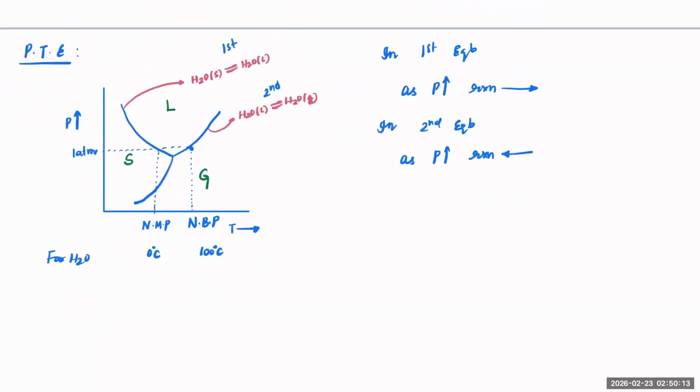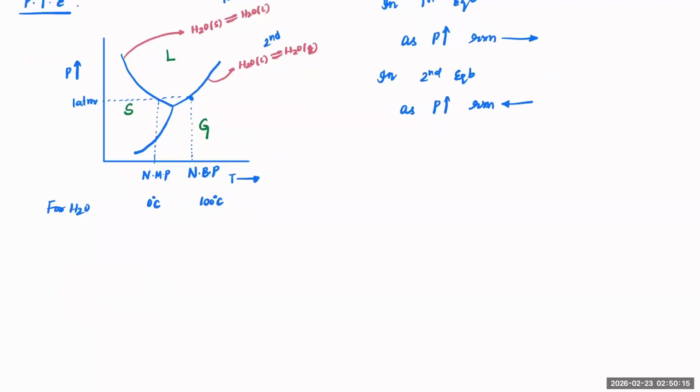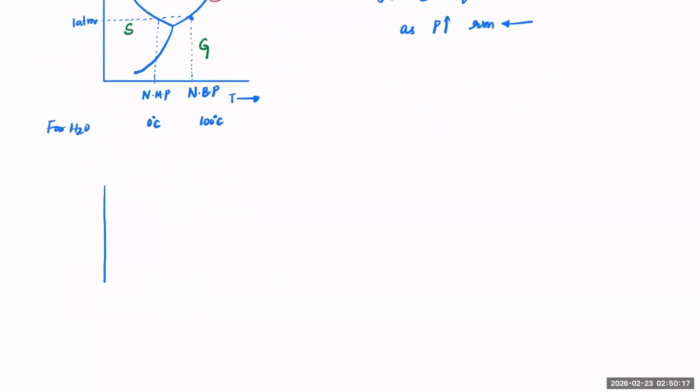Correct? Now, a similar thing if you do it for carbon dioxide, for example. Carbon dioxide or general cases are all the same. So if you compare pressure versus temperature, this is for carbon dioxide vapor liquid equilibrium. In that case, it would go like this, where this is solid, this is liquid, this is gas.